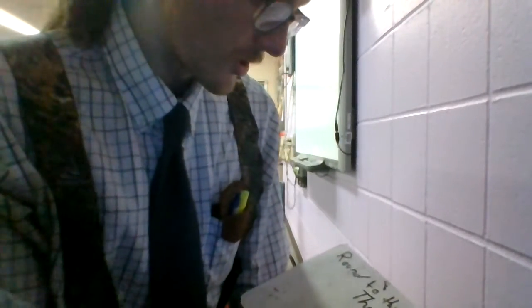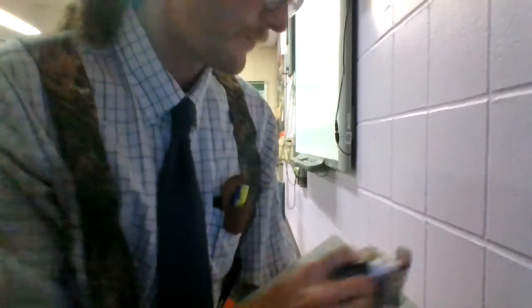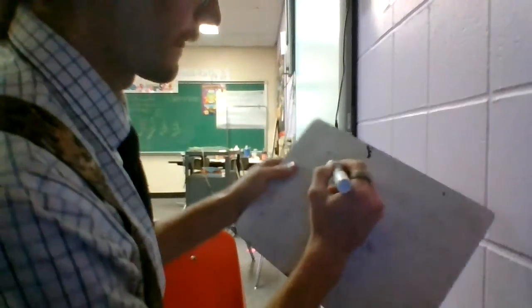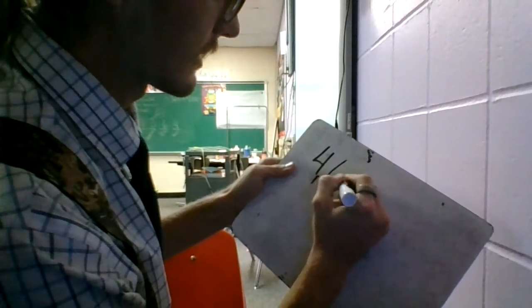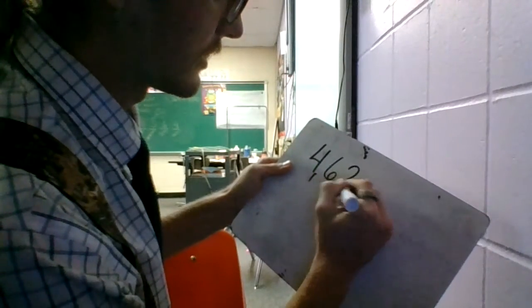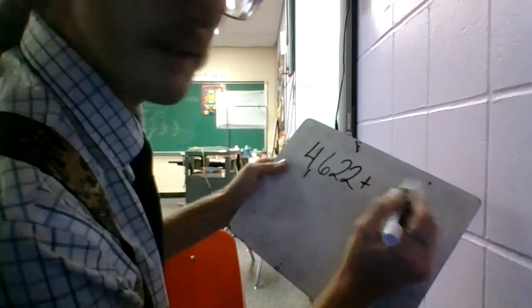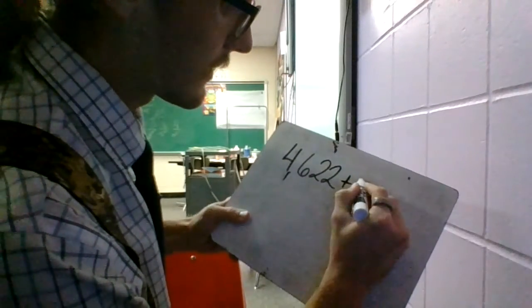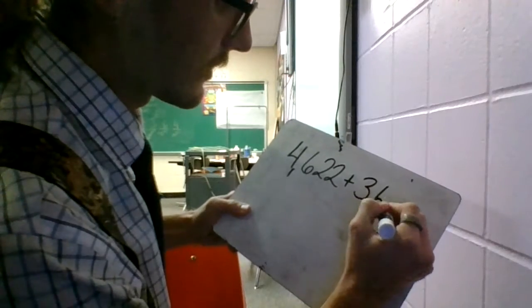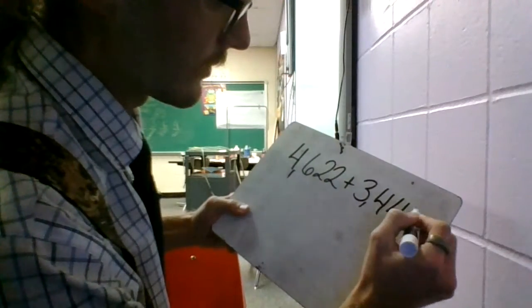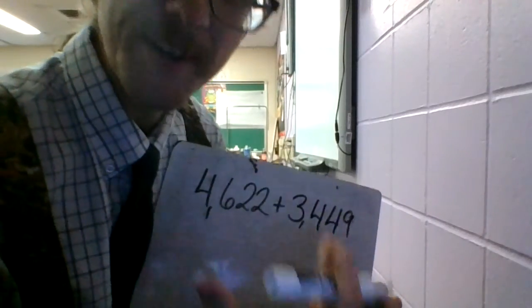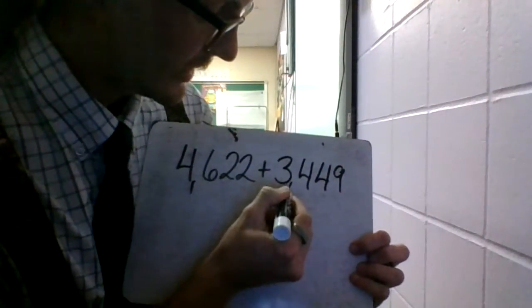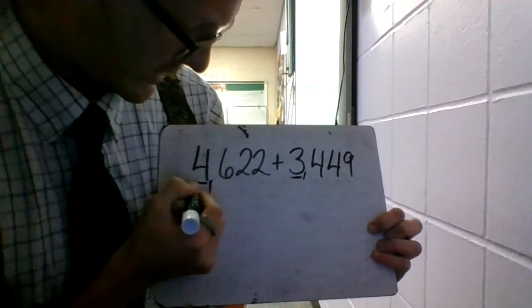Now when it comes to adding, to round and then add, you might have 4,622 plus 3,449. Now we're going to round to the nearest thousand, which means we're going to round to the nearest 1,000.